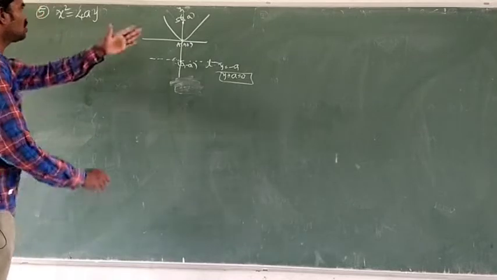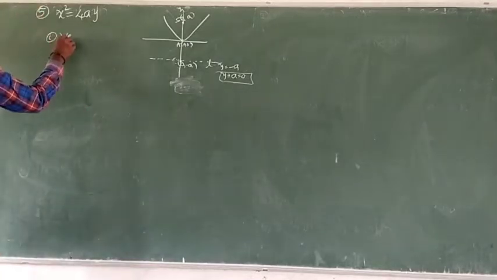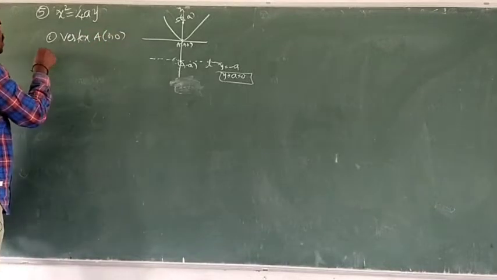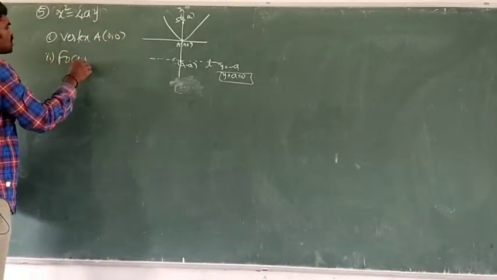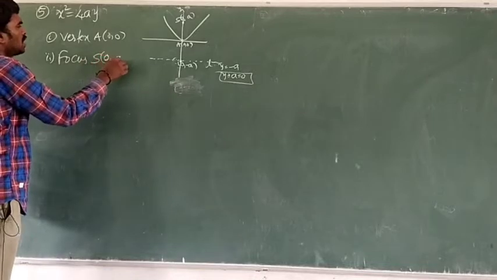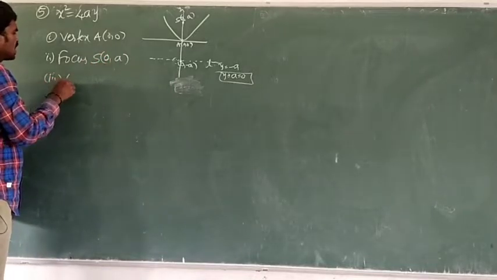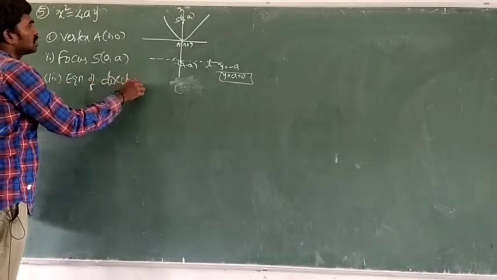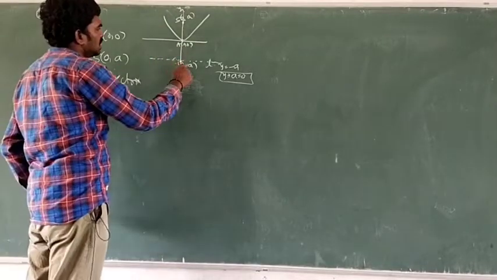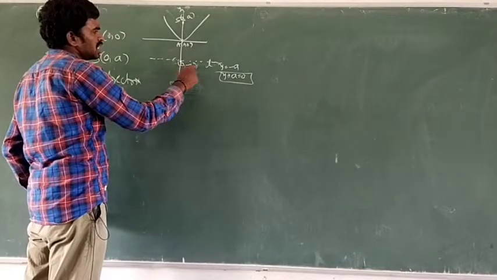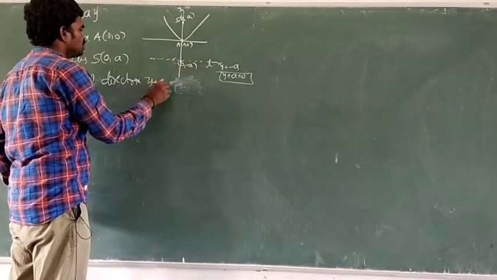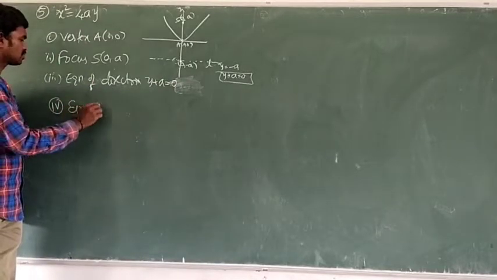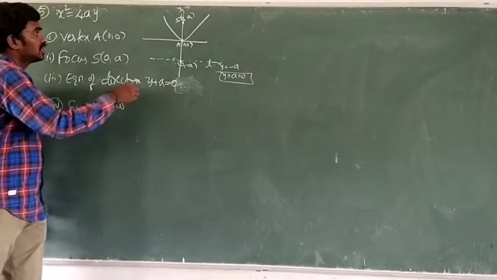Now tell me, what is the vertex? (0, 0). Second one, what is the focus? Yes, (0, a). What is the equation of the directrix? y equal to minus a, meaning y plus a equal to 0. Next, the equation of the axis.